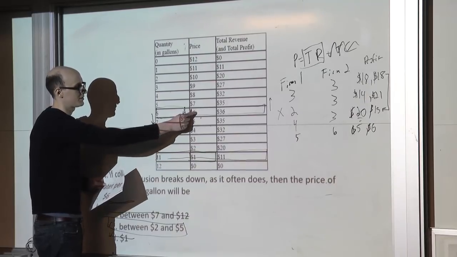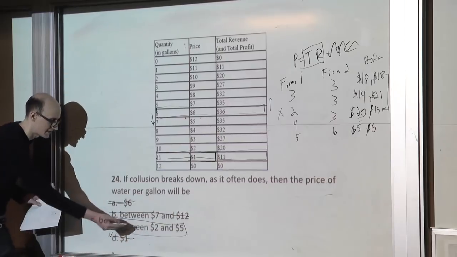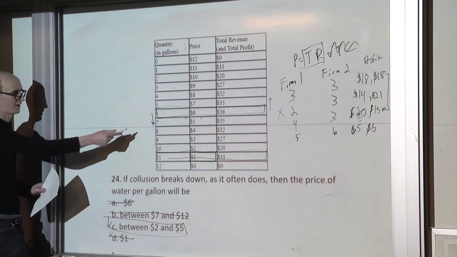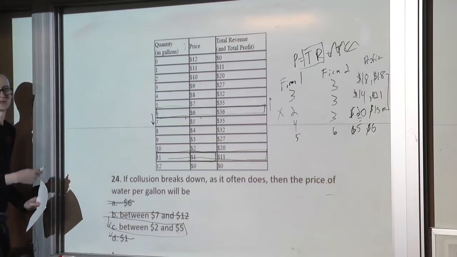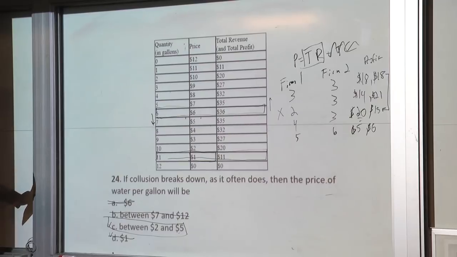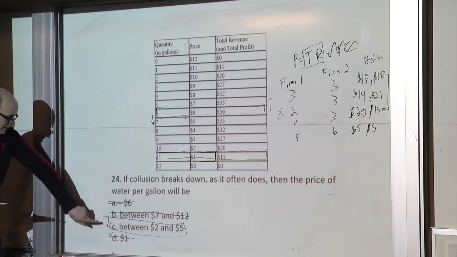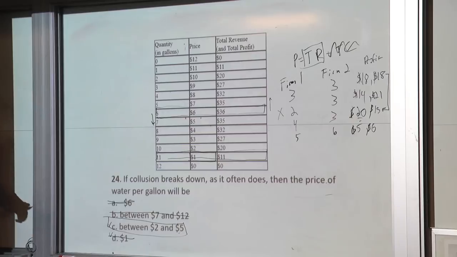I showed you that they do have incentive to move from here to here, right? And so that's between $2 and $5, and we eliminated all the other options. So you want to work efficiently because there's 40 questions on this exam, and you don't want to get caught up. If you already know that it can't be any of these cases, then you choose the one that's left. Okay? Does that make sense?